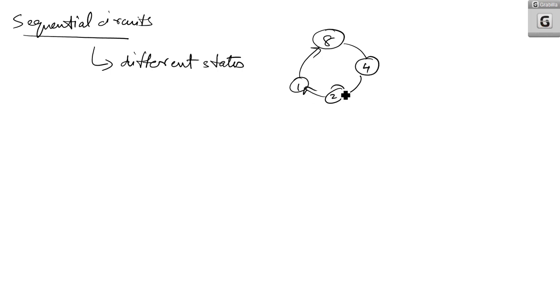Like that it will travel. So it has 1, 2, 3, 4 valid states. That means from 8 to 4, the transition time is 1 clock pulse. Here from 4 to 2, again 1 clock pulse. That means these sequential circuits are changing their state.